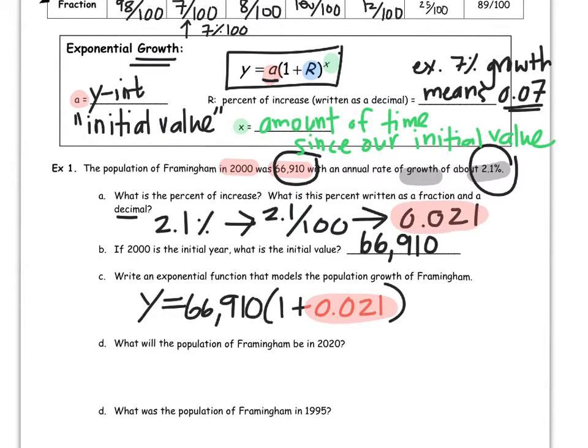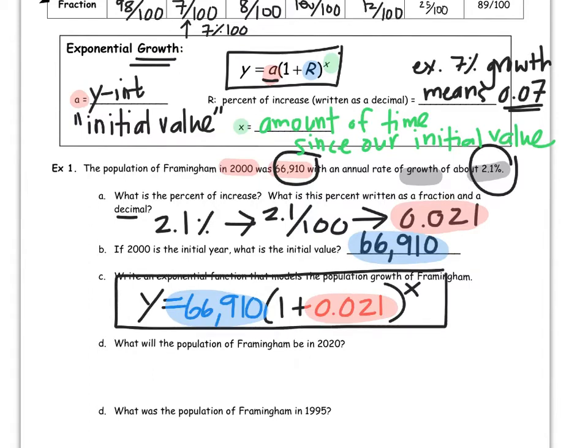I'll highlight this for you. 66,910 came from my initial value. And then lastly, the exponent would be the letter x. We put an x right there. This is our exponential function.